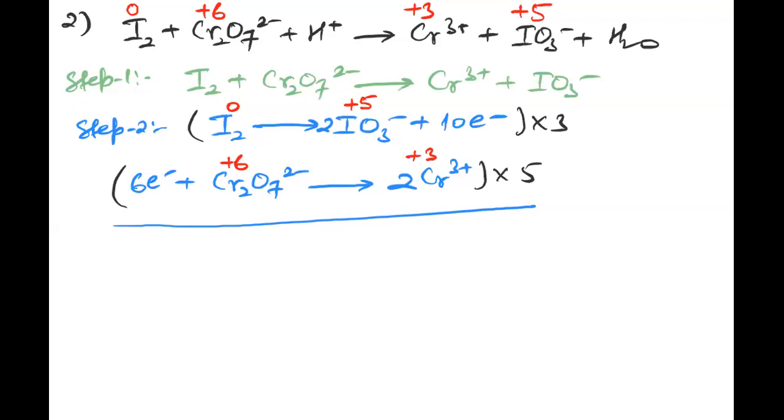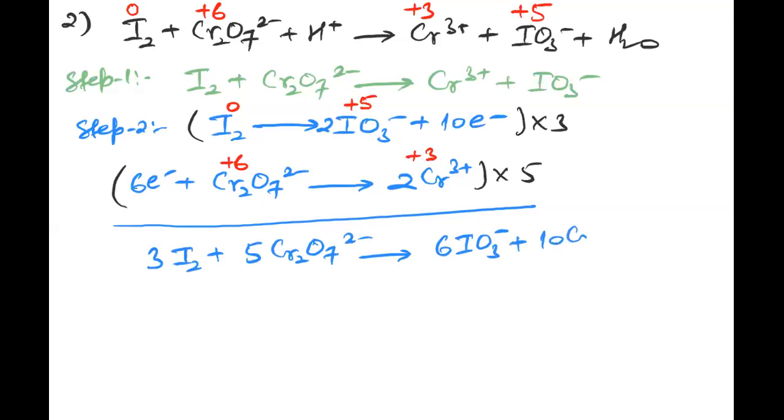The overall reaction should be 3I2 plus 5 dichromate ion is converting to 6 IO3 minus plus 10 chromium 3 plus.